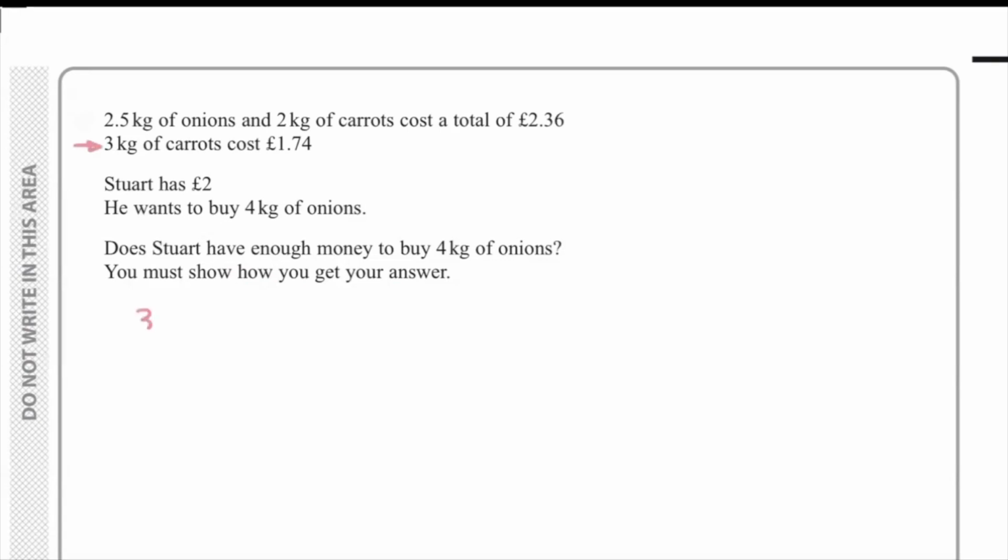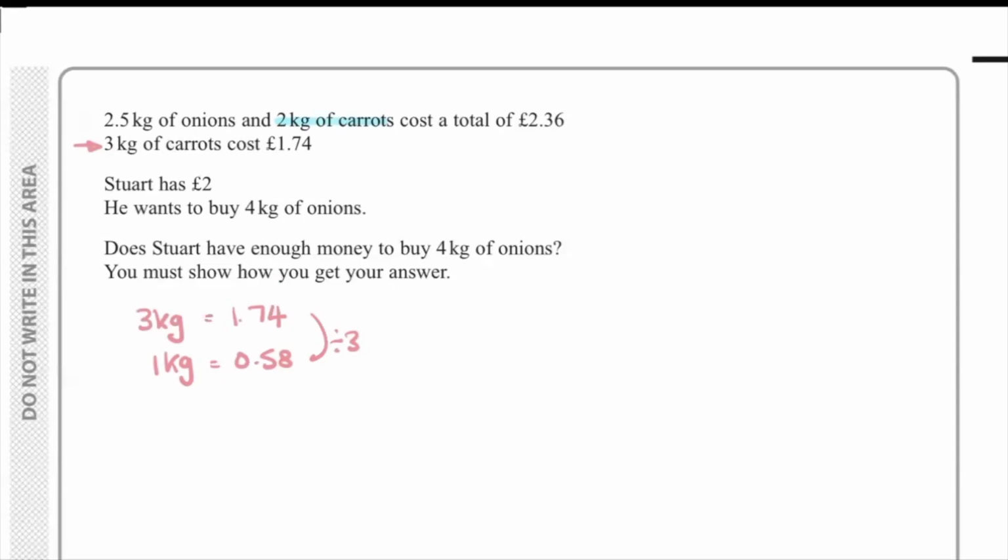So if 3 kilograms is equal to £1.74, we really want to know what 1 kilogram costs. So we're just going to divide through by 3, and that gives us 0.58. And when we take a look at the first line, it tells us that there's 2 kilograms of carrots as part of that total.